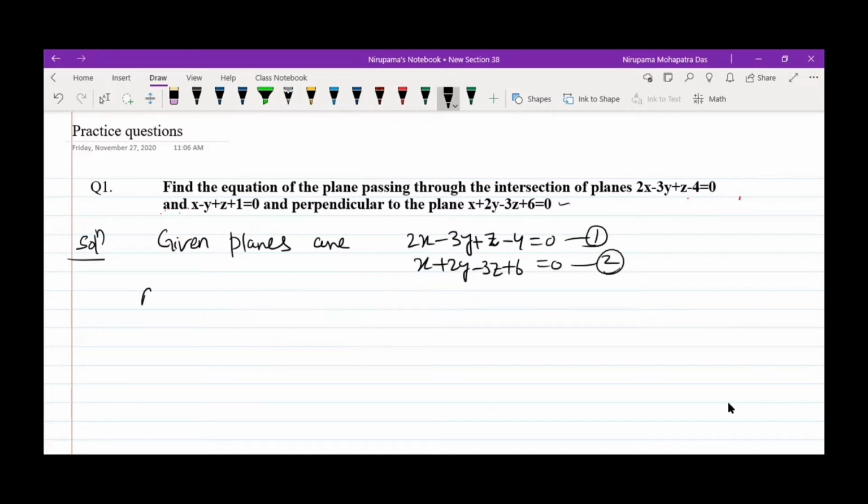As I told you, up to equation 3, all the questions will have common steps.